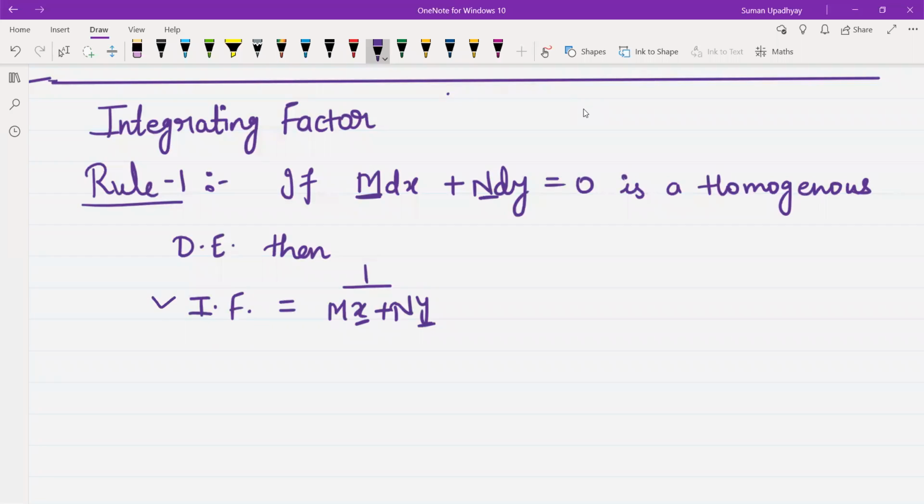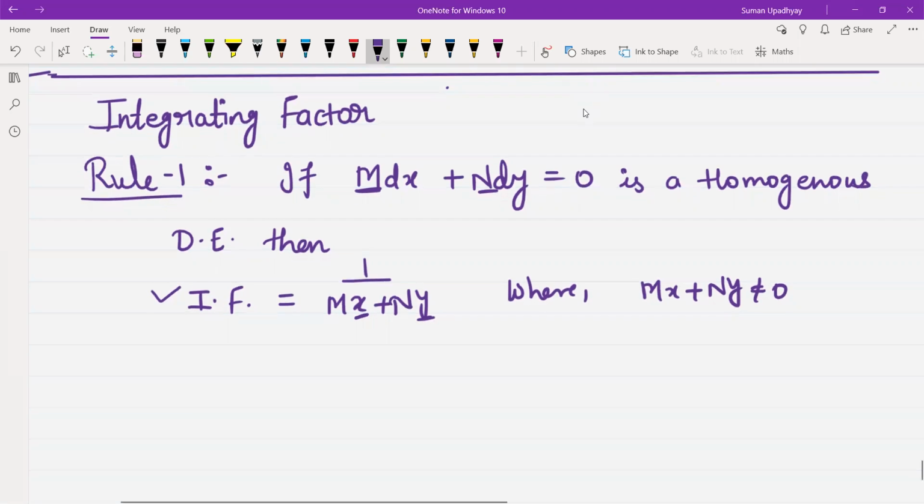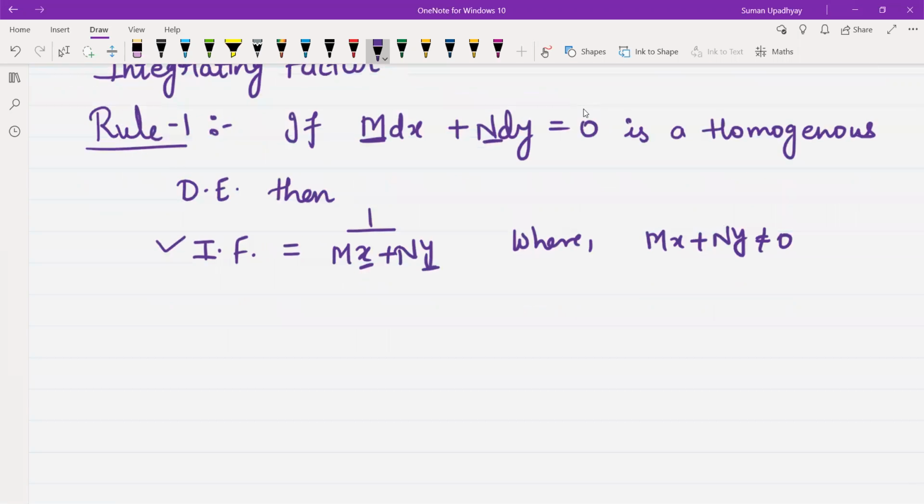So you are going to get your integrating factor, provided your Mx plus Ny should not be equal to 0. So this is rule number 1, which says if a given differential equation is a homogeneous non-exact differential equation, then the integrating factor will be 1 upon Mx plus Ny, where Mx plus Ny is not equal to 0. So this is our rule number 1.